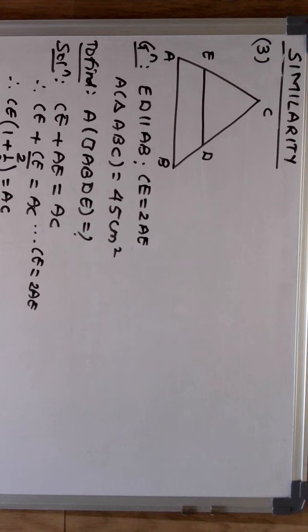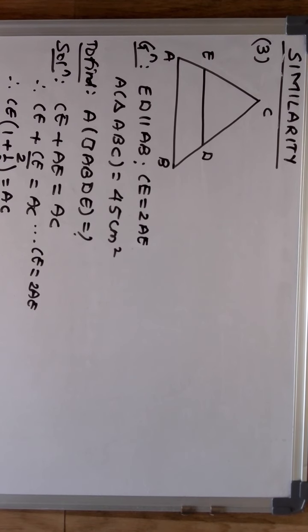That means it has some relationship with the area. Now these are proportional sides of two triangles and area has been talked about. That means I must be able to link the sides of the triangles to the areas. And that is possible if the two triangles are similar. If the two triangles are similar, then the ratio of their areas will be proportional to the squares of their corresponding sides. So my first target is now to show them similar.